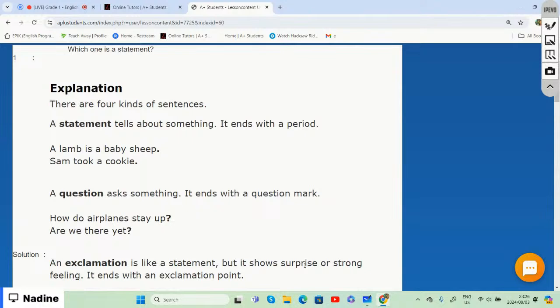Here we have our four kinds of sentences, and the first one is a statement.